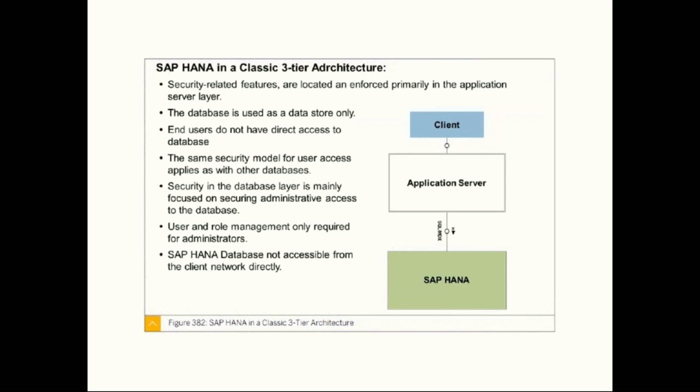See, the second scenario is a classical three-tier architecture scenario. In this case, you're running application on top of HANA, like you're running ERP, you're running CRM, any of the applications like that. So here, no end user is going to directly connect to the database.